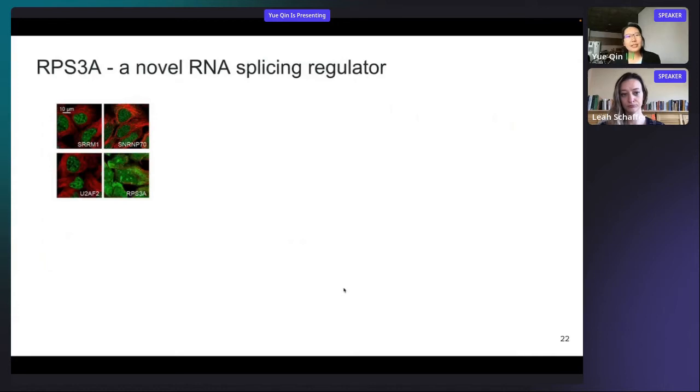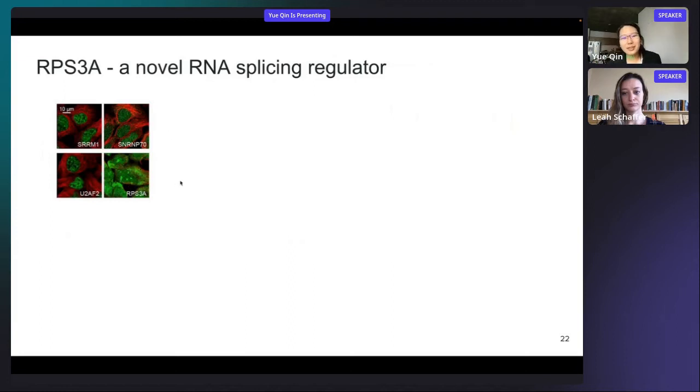Another very interesting story involves a protein, RPS3A. By name, you probably already guessed that it's known as a ribosomal assembly protein. However, in our map, it is hanging out with 3 other RNA splicing regulators, SRM1, SNRP70, and U2AF2.